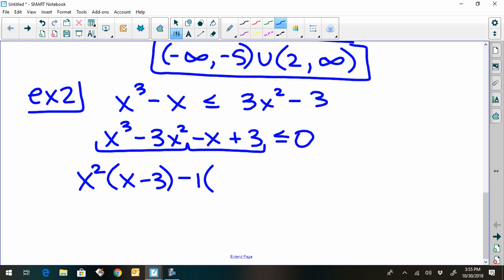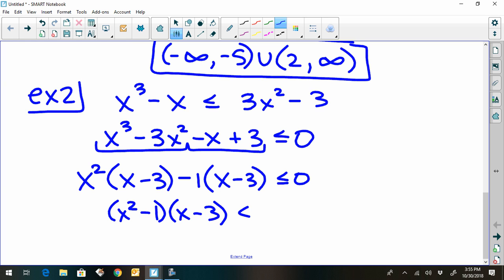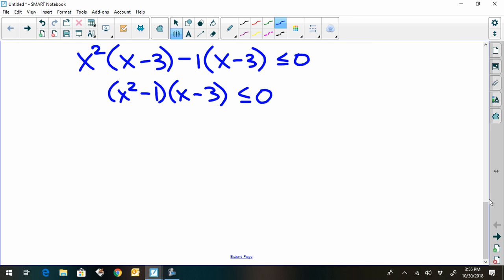Negative 1 I can factor out, so then I get x minus 3 also is less than or equal to 0. And then we notice that those are the same, so we'll have x squared minus 1 times x minus 3 less than or equal to 0. X squared minus 1, we can factor that also. So we get our x plus 1, x minus 1, and x minus 3.